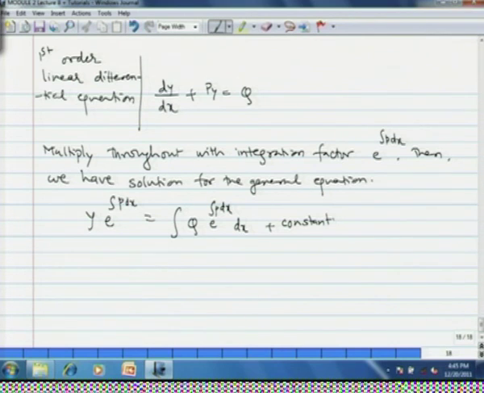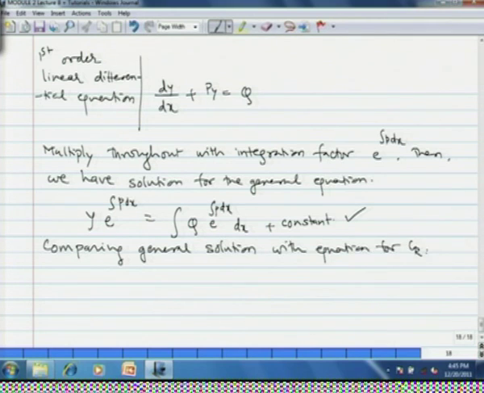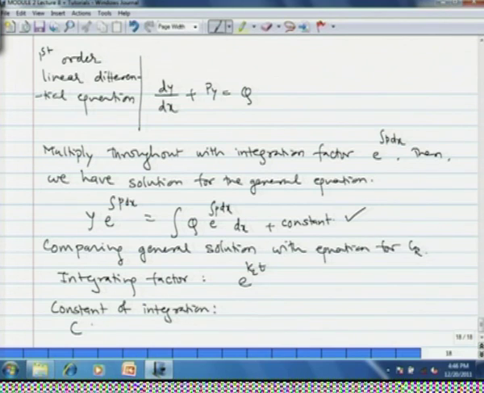Now, if we compare this general solution to the equation we have for Cr, we find that the integrating factor is e to the power k2 into t, which is similar to e to the power integral p dx, and then the constant of integration, with the condition Cr equal to 0 at t equal to 0, the initial condition, the constant of integration is minus k1 into Ca naught divided by k2 minus k1.